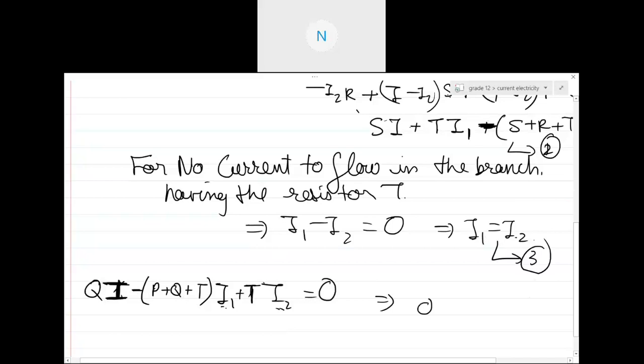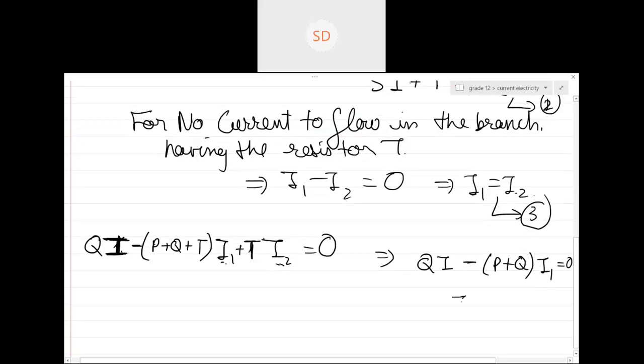Can I write this equation as Q I minus, can you see here there is a minus T, which will get cancelled with this plus T, and what will remain? Only P plus Q will remain, right? Plus Q into I1 is equal to 0.